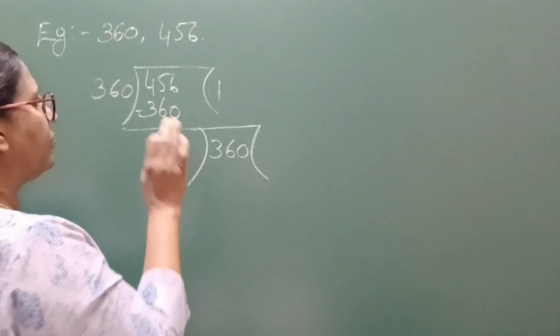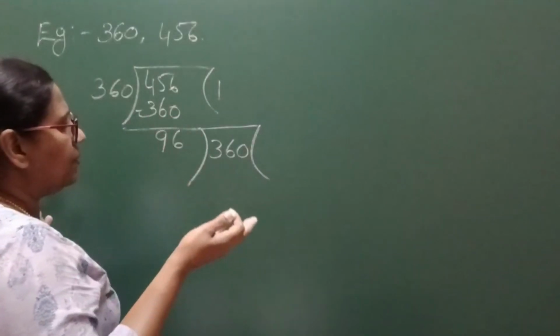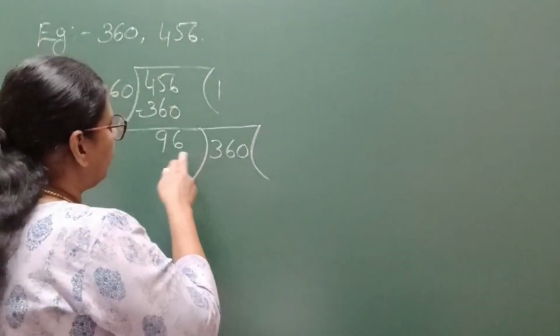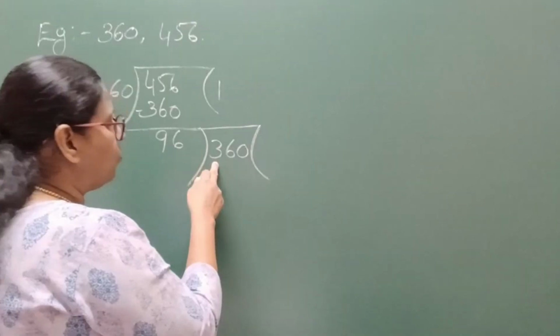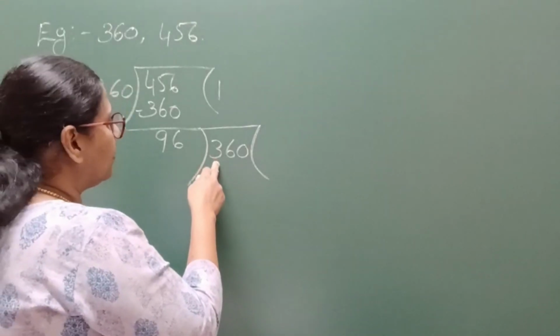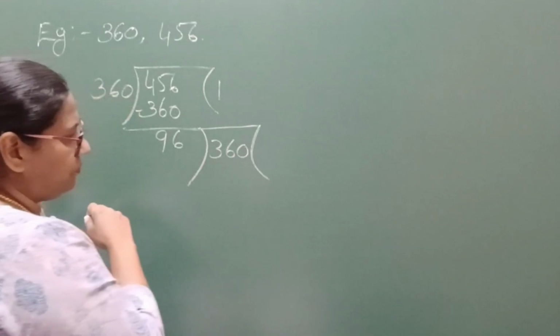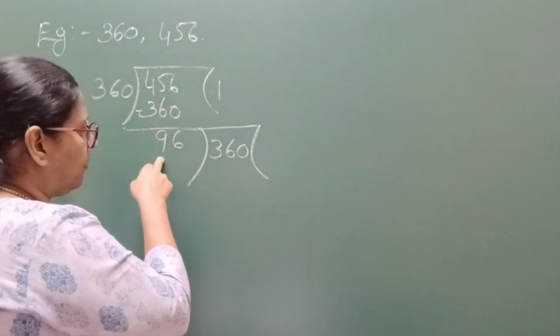Take only that for some time in your mind. Then you see the table. Here we are supposed to take one digit, but this is smaller than 96, so take these two digits. Then you see the table for this.